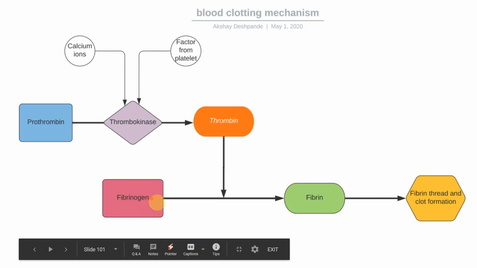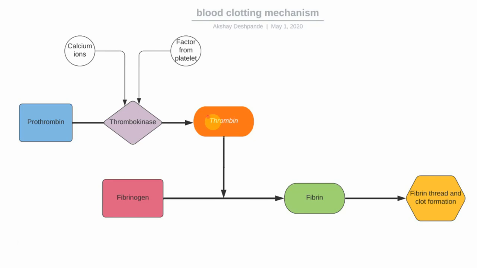So activating the fibrinogen to fibrin is because of an enzyme called thrombin, but you also see that the thrombin is again present in an inactivated form called prothrombin. So to convert the prothrombin to thrombin, you need an enzyme called thrombokinase. Activation of thrombokinase is again under the control of calcium ions and certain factors derived from the platelet.